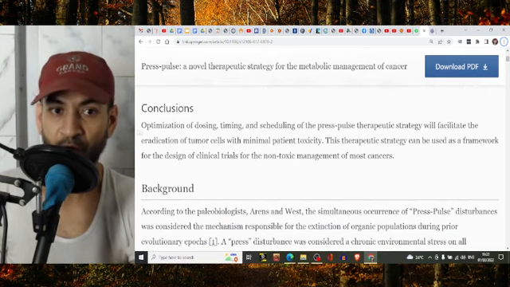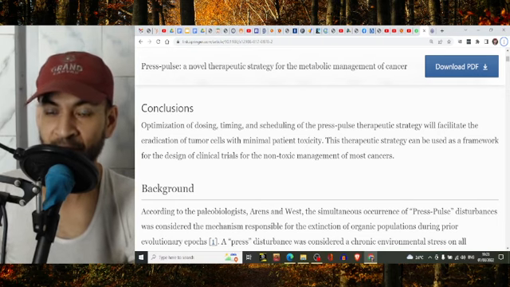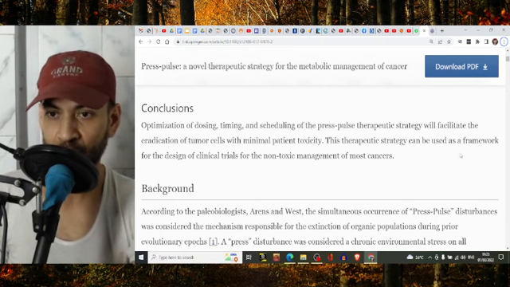Conclusion. Optimization of dosing, timing, and scheduling of the press-pulse therapeutic strategy will facilitate the eradication of tumor cells with minimal patient toxicity.